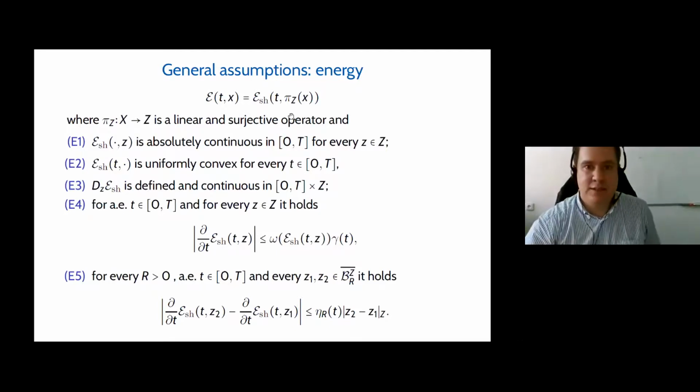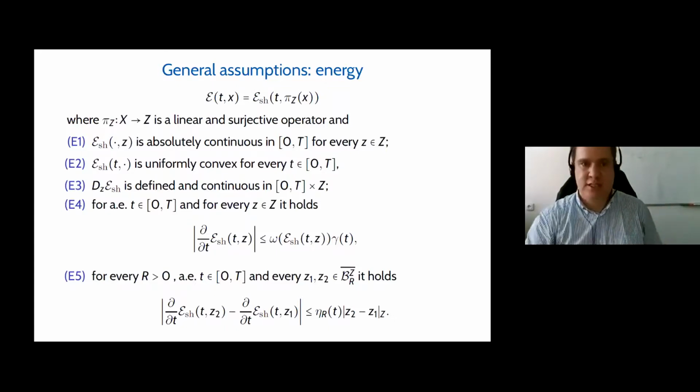condition for energy. So again, we introduce this general projection to the shape, and we give the property on the energy depending just on the shape. This is something very classical, very easy. So: absolute continuity in time, uniform convexity with respect just to the shape.